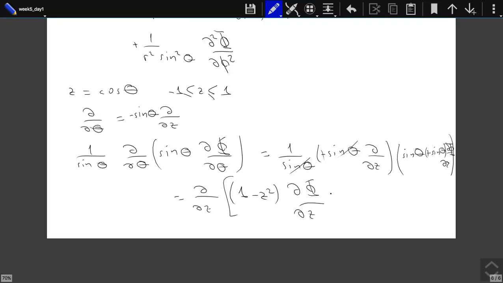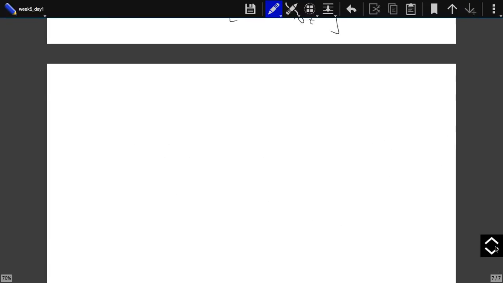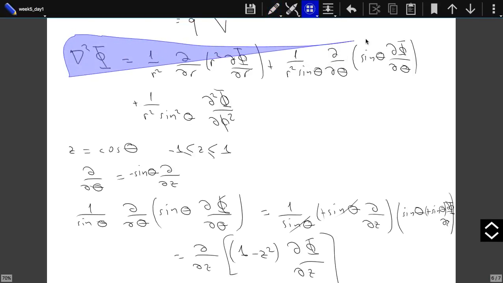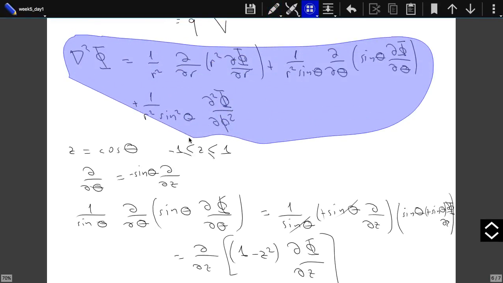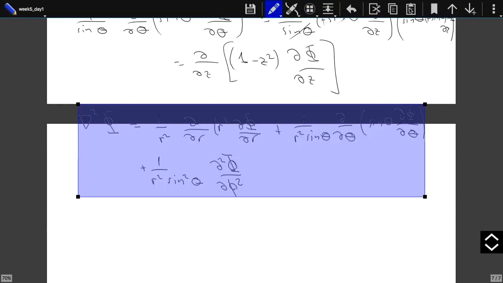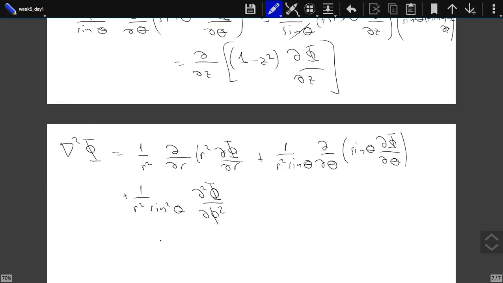Well, Y L Ms are orthogonal functions and complete. So if these two expressions are equal for all values of omega, well, when I say omega, I'm meaning a particular value of theta and phi, their coefficients should be equal. So A L M, R to the power L, should be equal to B L M times 1 over R to the power L plus 1.